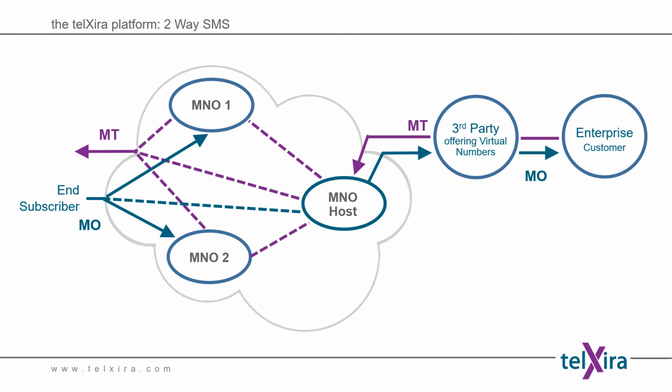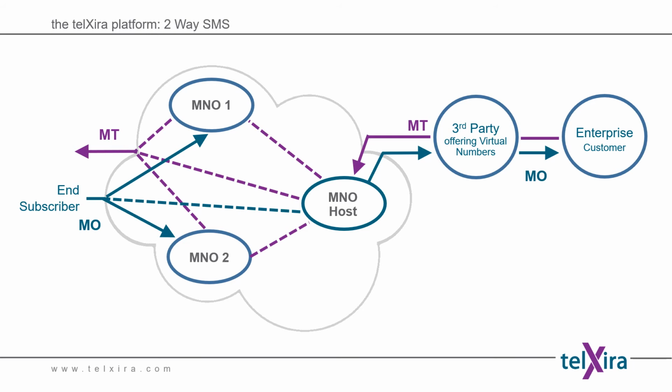How do you differentiate MT and MO? From the enterprise perspective, MT is when the enterprise is broadcasting messages out to their customer. Assuming they wish to use a virtual number to receive the answers, then the virtual number will be used as the sender ID.